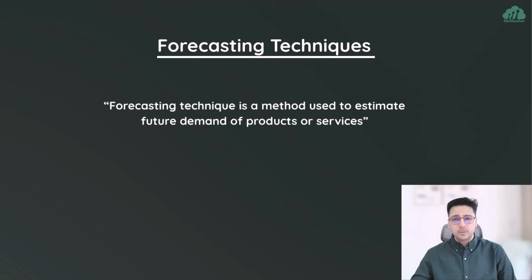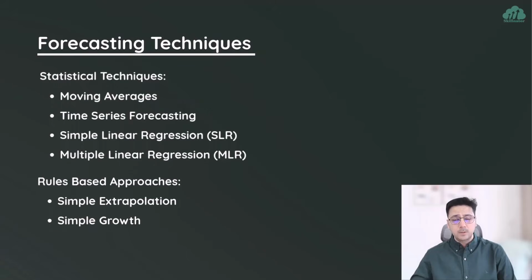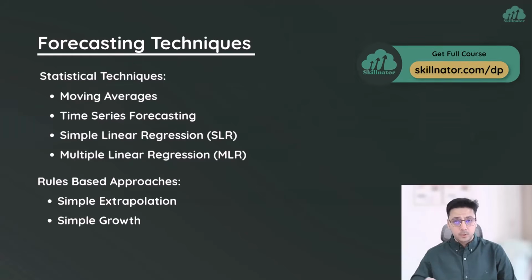In the next few lessons, we're going to cover a range of forecasting techniques, from statistical methods to simple rule-based approaches. For each technique, we're going to understand the logic behind it, discuss when it makes sense to use it, and implement it step by step in Microsoft Excel. We're going to start with techniques that focus on patterns in historical data, such as the moving averages and time series methods.